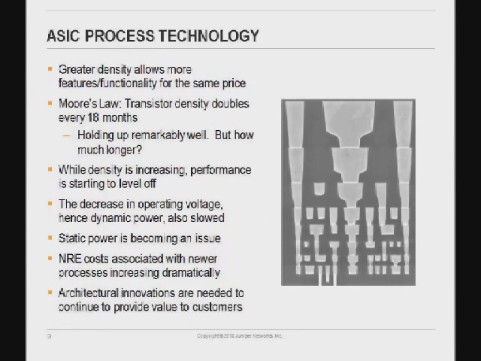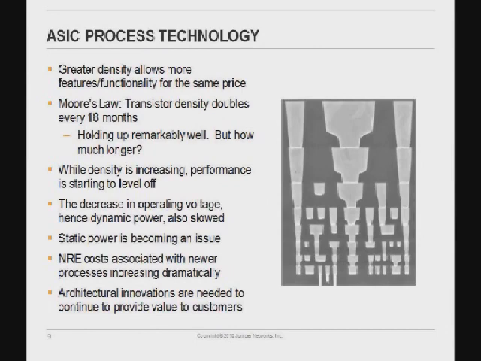And also the decrease in operation voltage, which came every generation, has slowed down quite a bit. The reason for that is that we are reaching close to the fundamental limit of how semiconductors work. So because of that, the improvement of performance slows down.